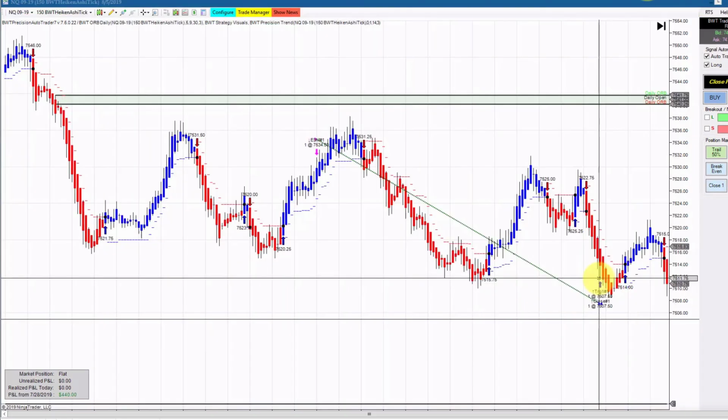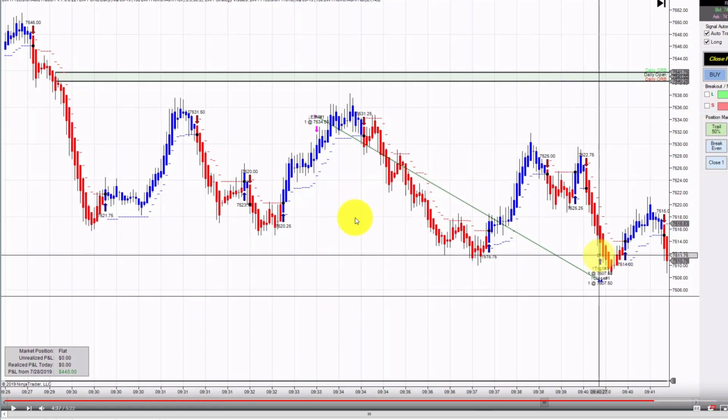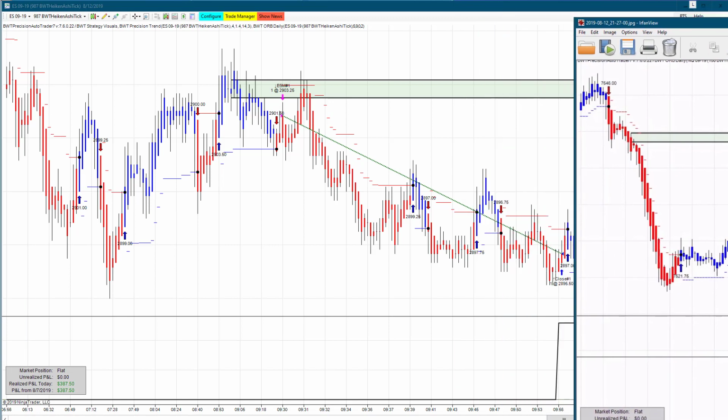Okay, so I just went back a few days and selected a few charts. And all of these charts have the same trade, basically. The trade takes place very close to the open of the session here, 9:33. The original chart here from today, you can see right off the open here.